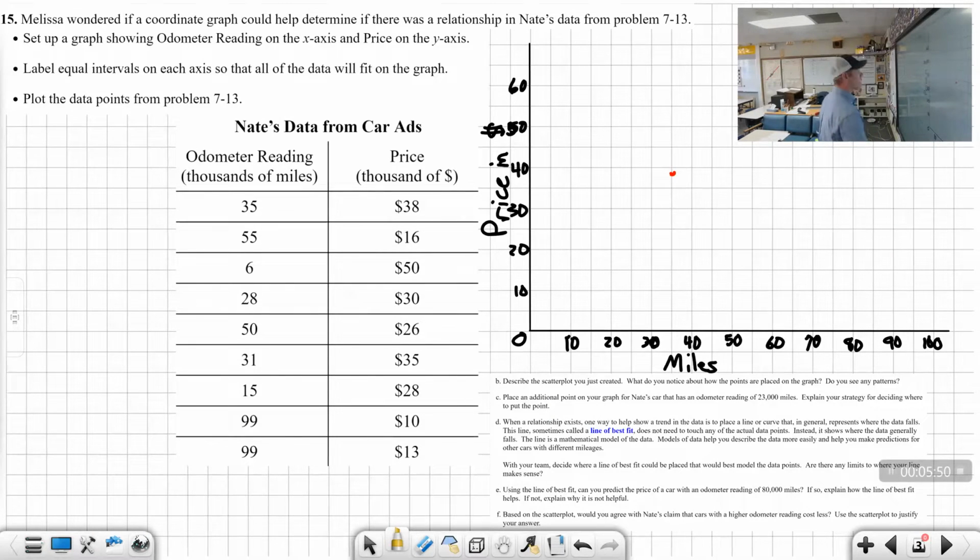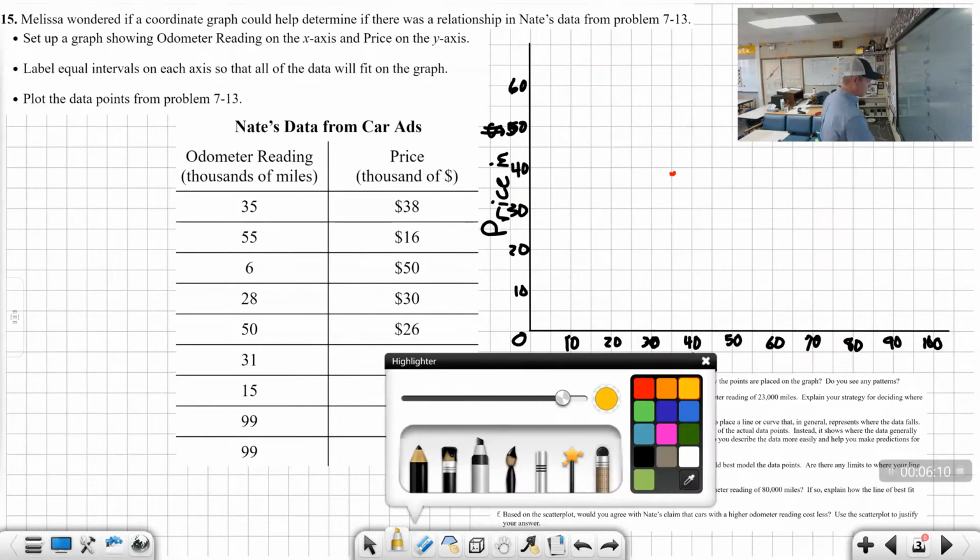We are going to be working with this information. You can see it in your textbook. And what you need to do is you need to scale your graph like mine. You need to label it miles, label it price. And then you're going to go through and you are going to plot the coordinates. You're just going to be diligent and you're going to plot these coordinates.